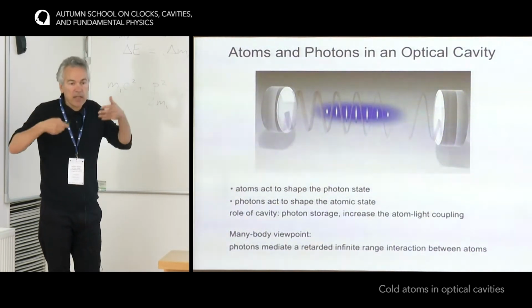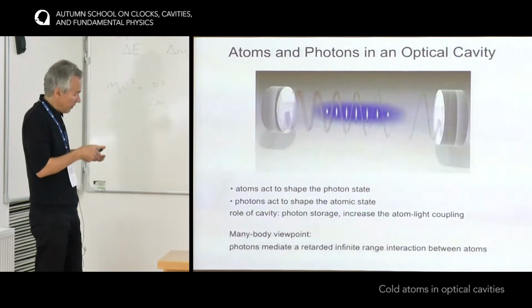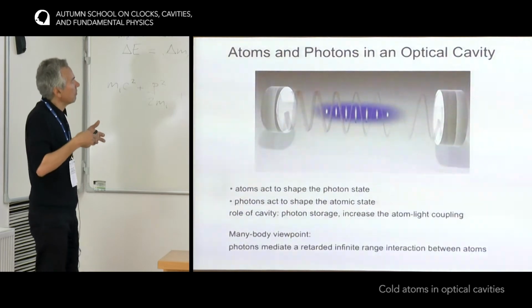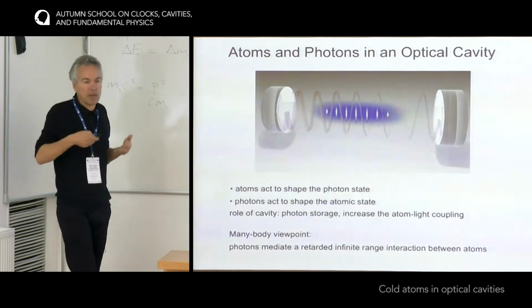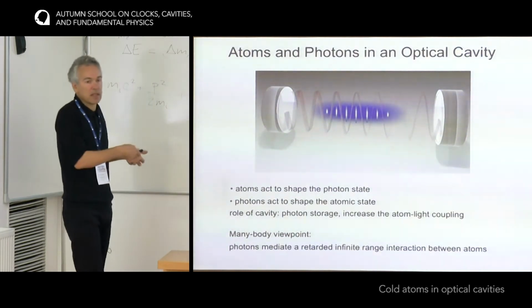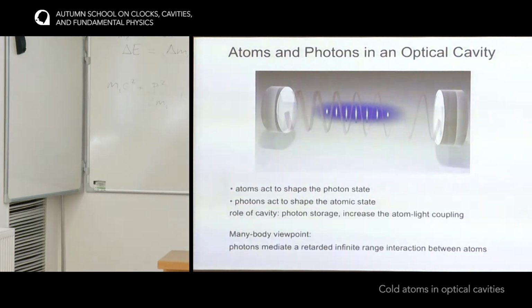These times for the two parts of the system to arrange with respect to each other are pretty much the same. The recoil time on one hand and the cavity lifetime on the other are not all that different.